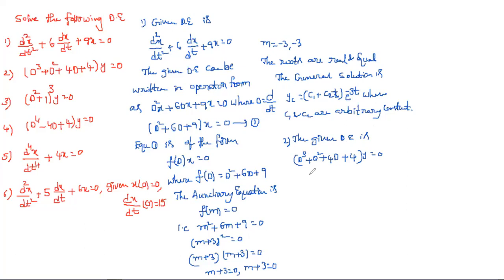No need, because they already gave the differential equation in operator form. Let this be equation 1, and equation 1 is of the form f of d into y is equal to 0, where f of d is d cube plus d square plus 4d plus 4.